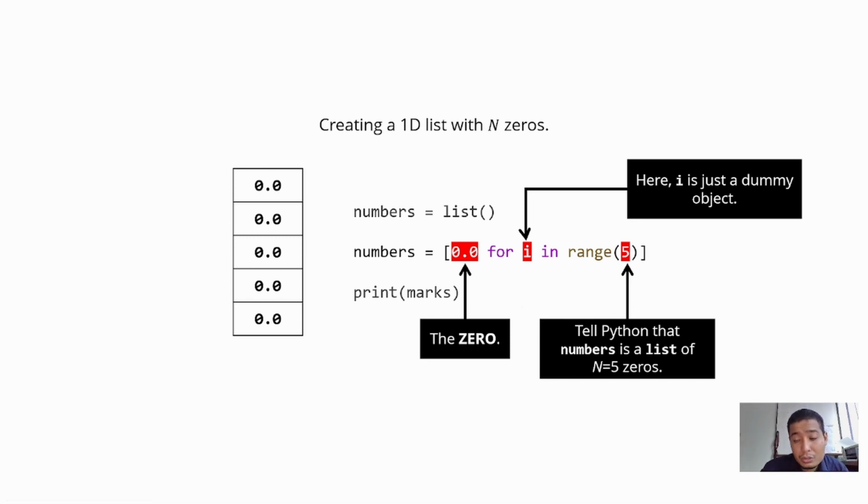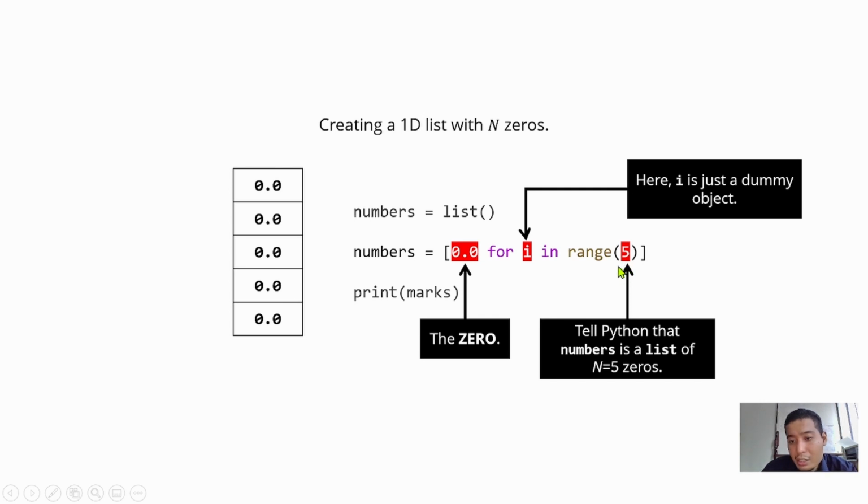But if you provide only one argument, then this will be your stop value. By default, it will automatically use 0 as the first element of your sequence. So here it will provide 0, 1, 2, 3, 4.